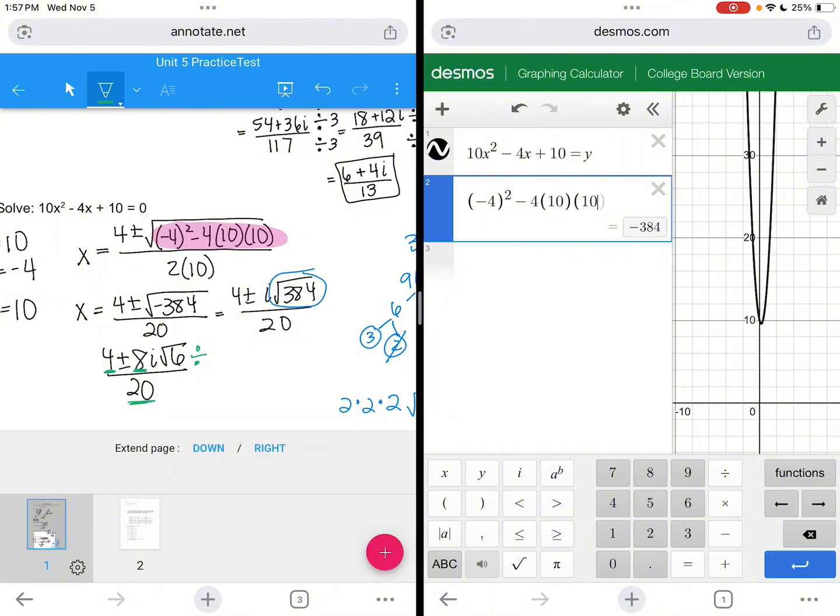So I'm going to do that, and then we're all done. And please remember that these are two solutions. The first one would be 1 plus 2i root 6 over 5. The second would be 1 minus 2i root 6 over 5.